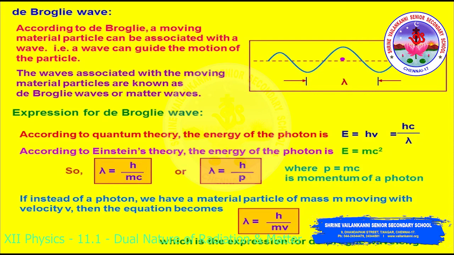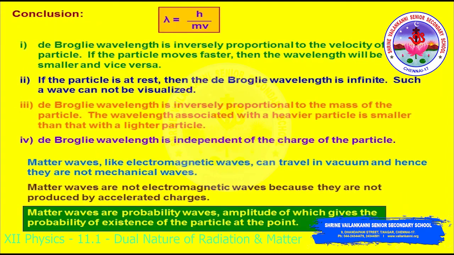Lambda equal to h by p, and instead of p equal to mc, we apply p equal to mv, the momentum. So lambda equal to h by mv. Got it, children? This gives the de Broglie wave equation.